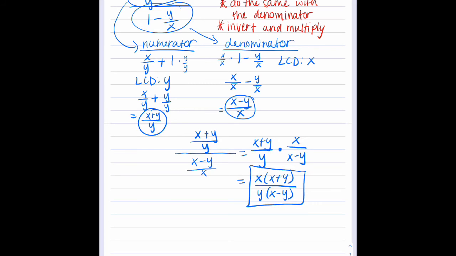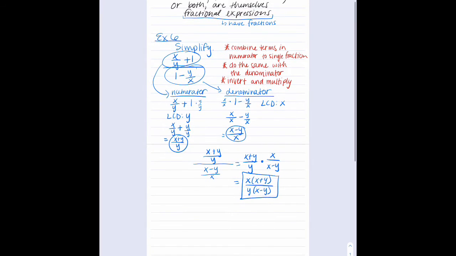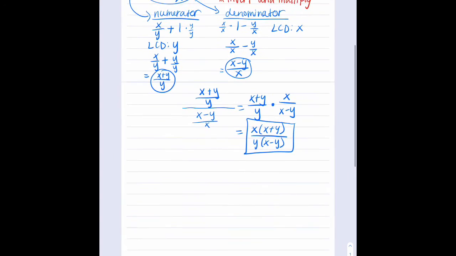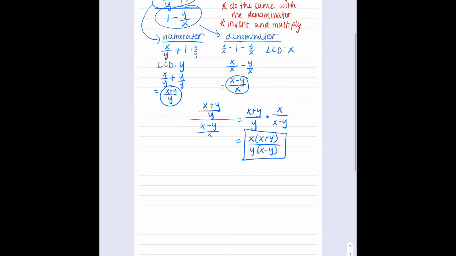So I'm actually going to go up here and write that this was solution 1, okay? There's also a solution 2 that we can do. Okay, so I'm going to write it here.